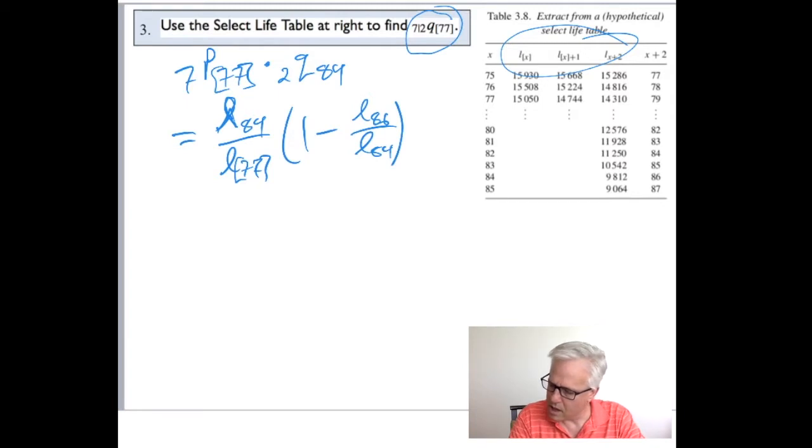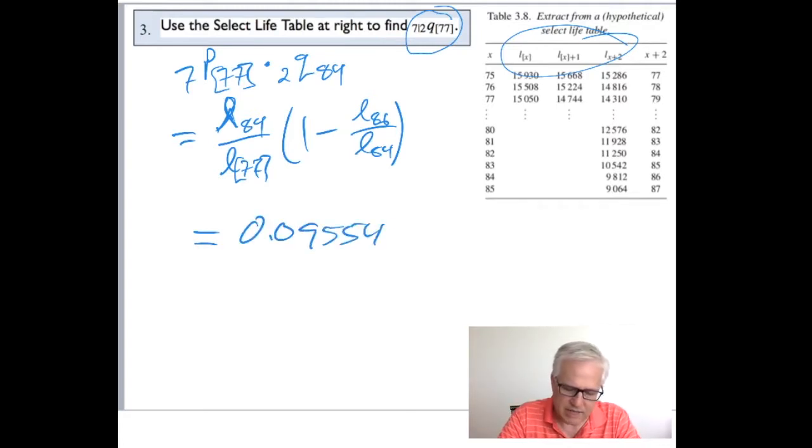Okay, and if you put in those two numbers and work it out, you get 0.095548. And that's greater than the number we got before, which was 0.094073.